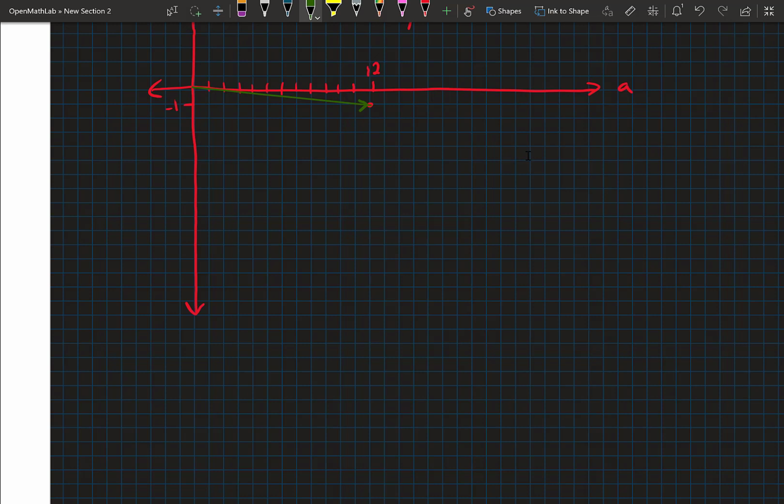Notice that if these blue vectors are i, then I used 12 of those. So this, in other words, represents the 12i. And then this part is where we went downward, but that's like negative j.